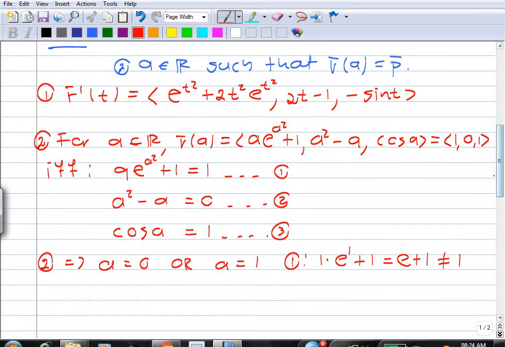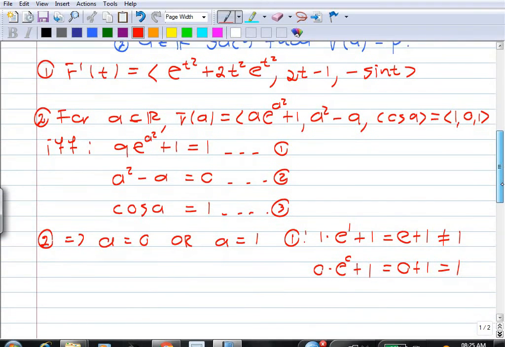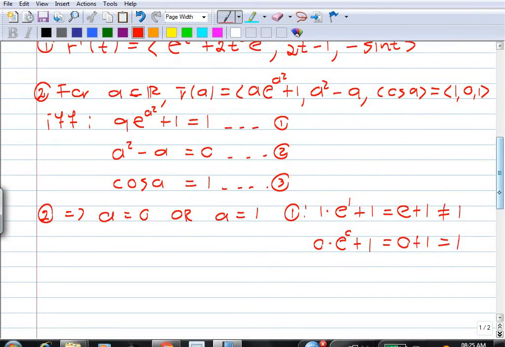On the other hand, if we substitute a equals 0, then we see that it does satisfy the first equation. So from the second equation, we get a is 0 or a is 1, and the first equation tells us that a equal to 1 cannot be a solution.